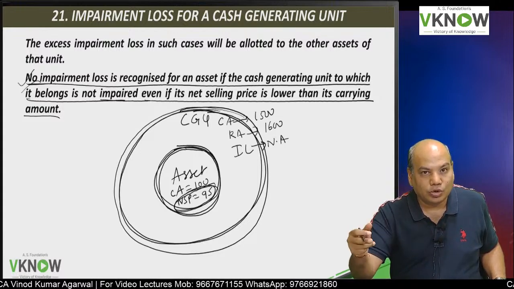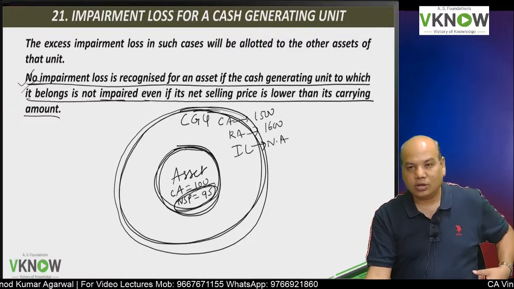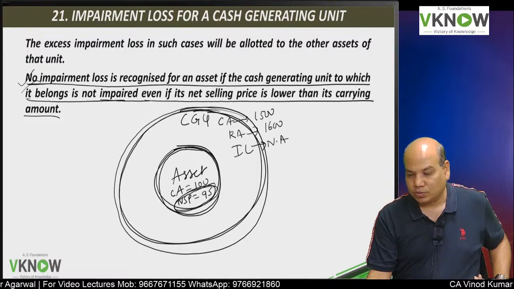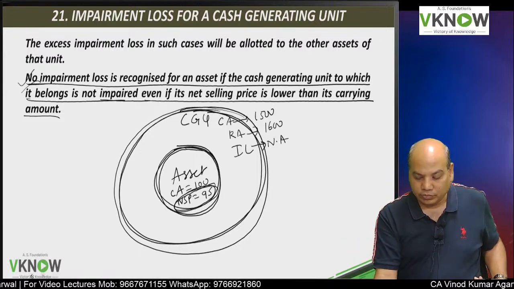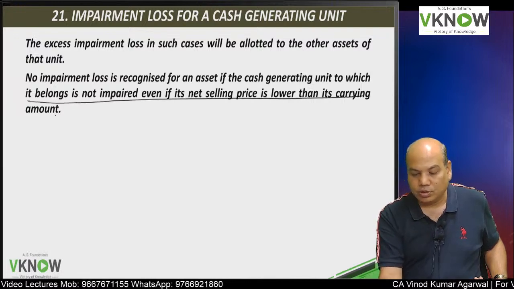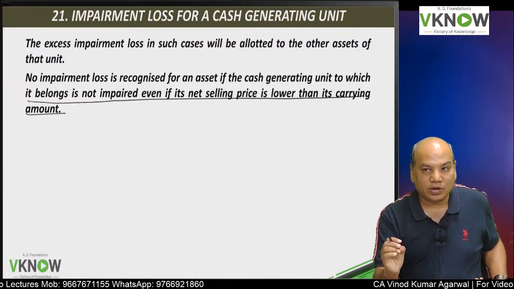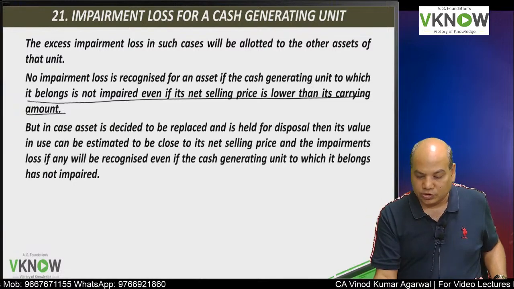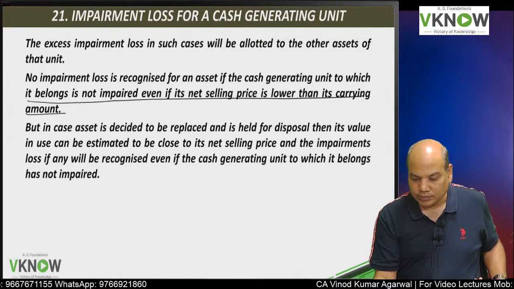We have to take value in use, and value in use is not calculable here because it does not generate independent cash flow. So asset is not impaired, but then you may have to revise its useful life if there was an indication of impairment, or you may have to revise the salvage value.